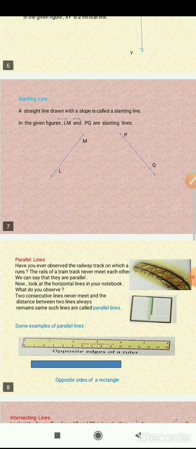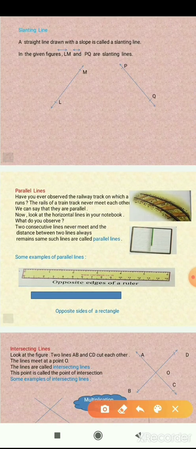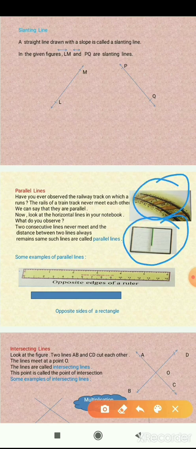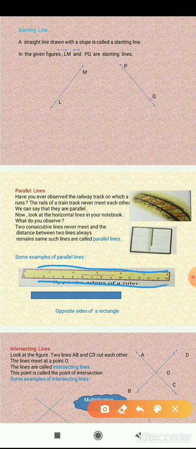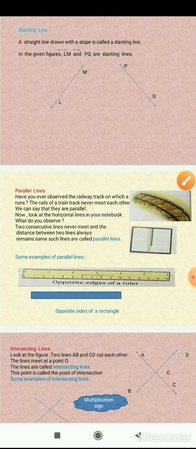This is an example of parallel lines: a railway track, and the edges of your notebook, book, table, window and door. Here some more examples of parallel lines are shown. Here, the opposite edges of a ruler are parallel lines.